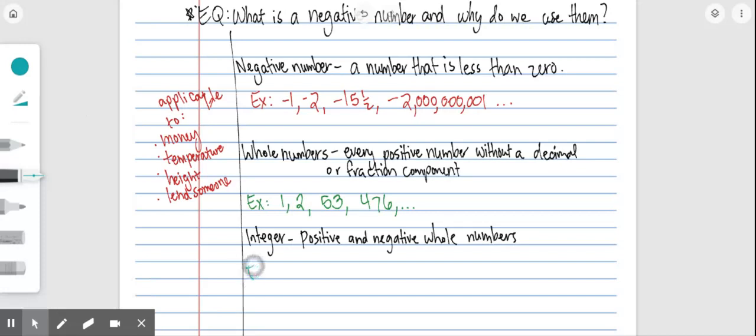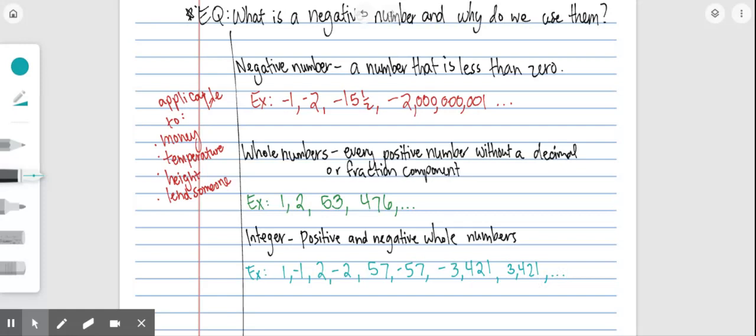So my examples are like 1 and -1, 2 and -2, 57, -57, -3,421, positive 3,421. Okay, these are all integers. Because they're whole numbers, they don't have a fraction component or a decimal component, and they're positive and negative.